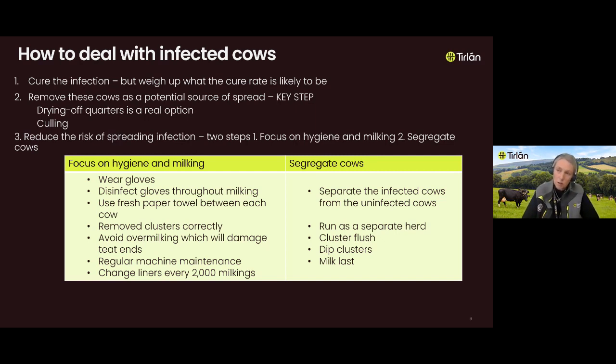So cluster flush, Joris, I've seen it work really well on farms. And even as advisors, we're beginning to embrace it more because it's automation. It's probably better than dipping clusters because it's very, very difficult to dip clusters effectively all the time. But sometimes doing things like running separate herds works as well. But Joris, do you have any opinion on cluster flush?